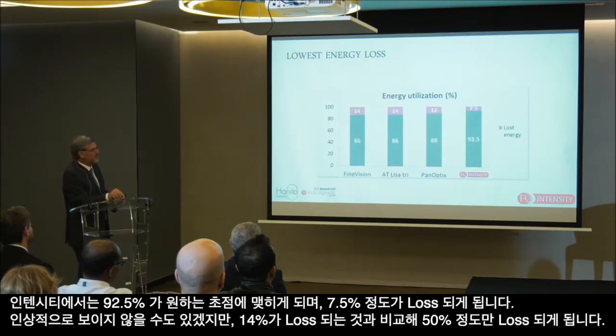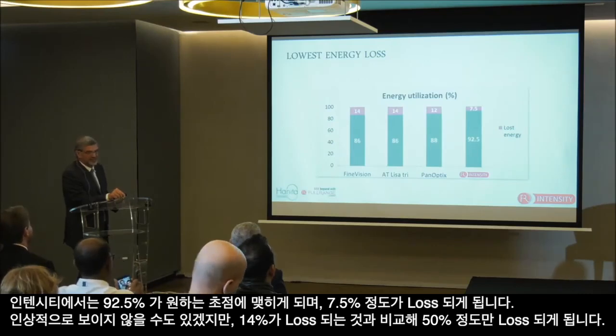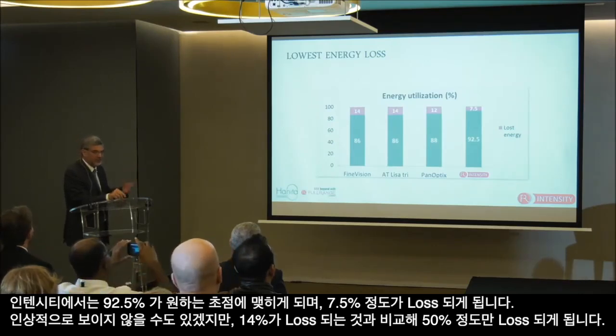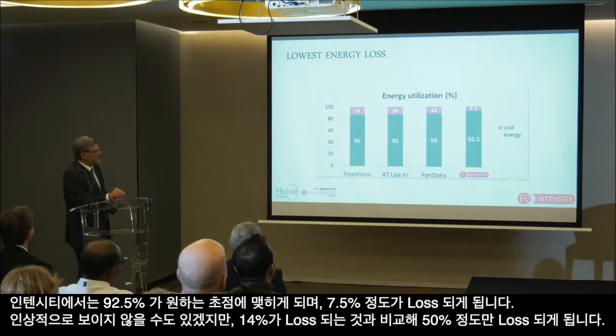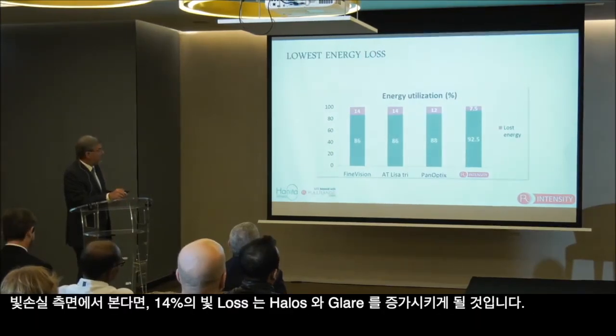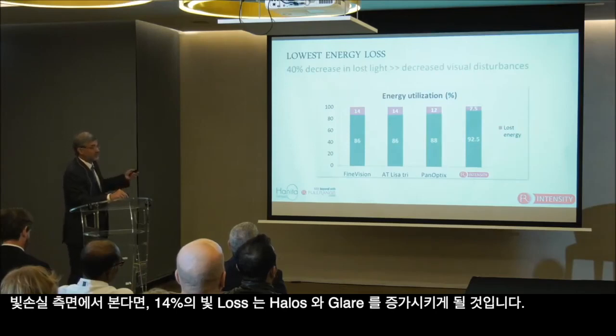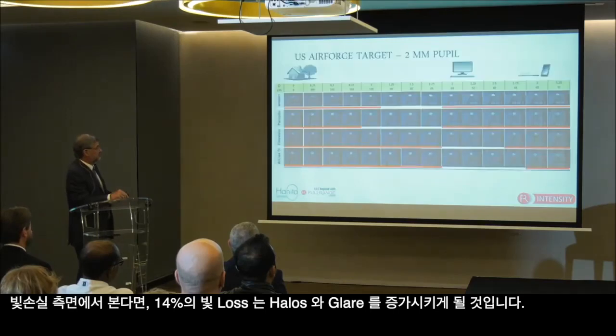In the Intensity, 92.5% goes to the desired foci, and 7.5% is lost. It doesn't look very impressive, but if you think of it, 14% is lost in these lenses, and half of that is lost with the new lens. So in terms of how much light is lost, there is a decrease of 40% of light loss, and this is what causes the halos and the glare in these lenses.